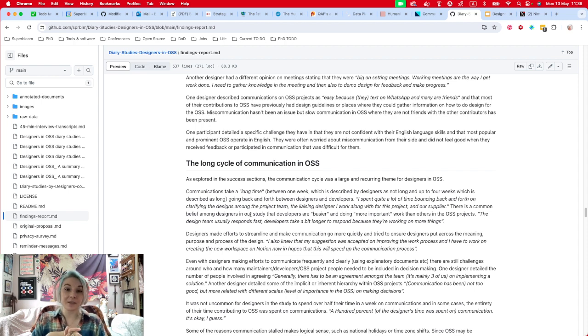When a designer is a little bit newer in open source software or has a particular goal in mind, they're a little bit more surprised at how long it can take, compared to the commercial software world, for design specifically to be implemented into open source software.